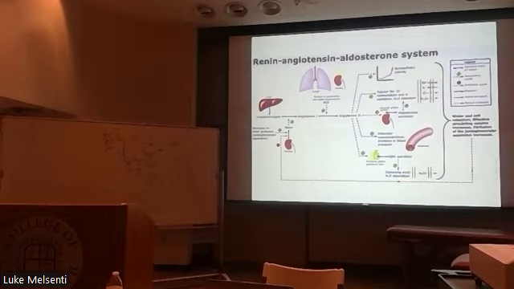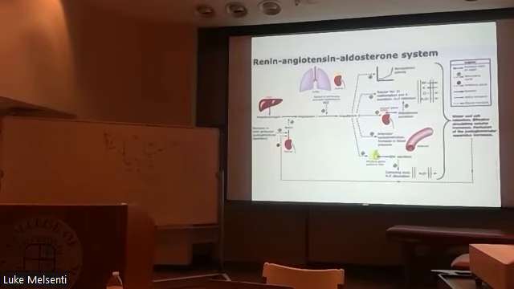Why do the kidneys care about blood pressure, Alyssa? Why do kidneys care about blood pressure? What can't they do if there's not enough pressure? Filter. They can't filter the blood, right?